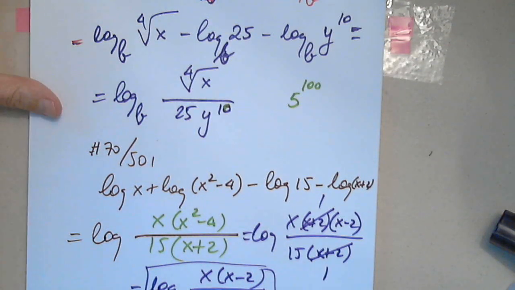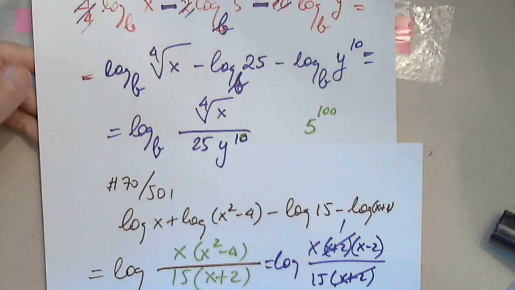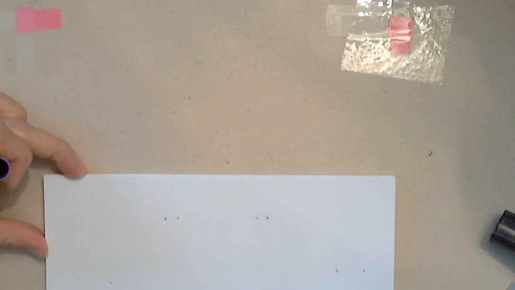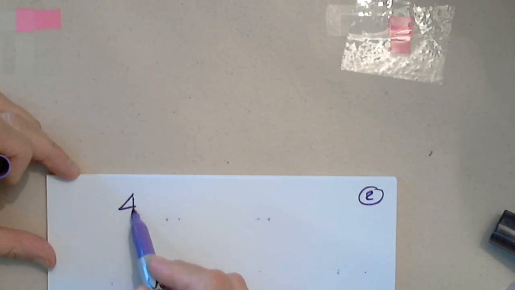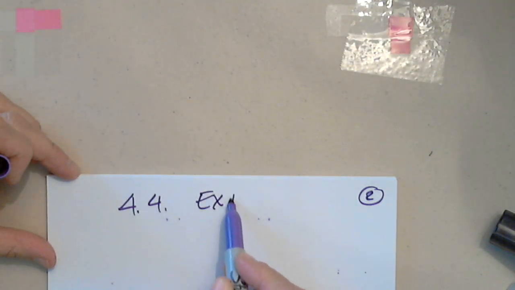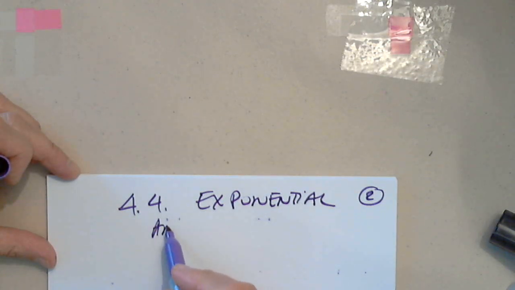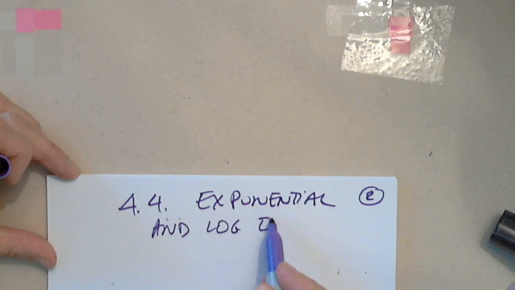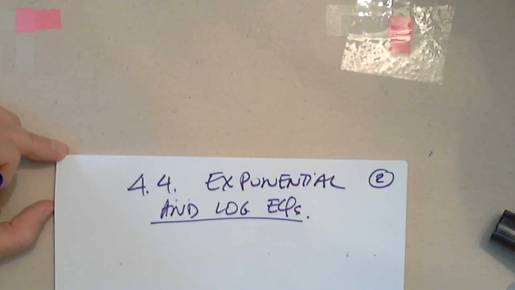We've seen several applications in real life situations, but we're going to look at more. And that will be the end of chapter 4. So section 4.4, exponential and log equations. So we'll start with exponential.